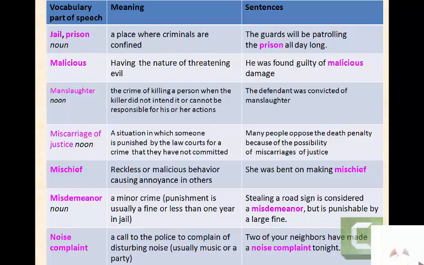Example, stealing a road sign is considered a misdemeanor but is punishable by a large fine. Noise complaint. This is a call to the police to complain of disturbing noise, usually music or a party. Example, 2 of your neighbors have made a noise complaint tonight.